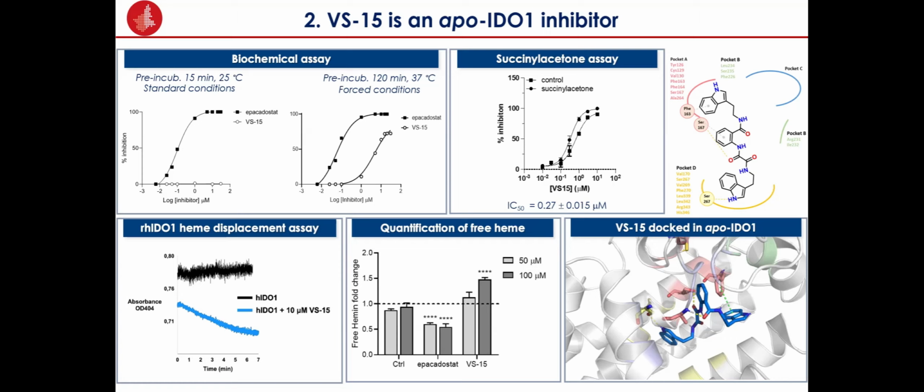And here you can see over time the disappearance of this band at 404 nanometers, which suggests that there is a displacement of the heme. And also in another biochemical assay, we could see an increase of the free heme group in the presence of VS15 compared to the control.